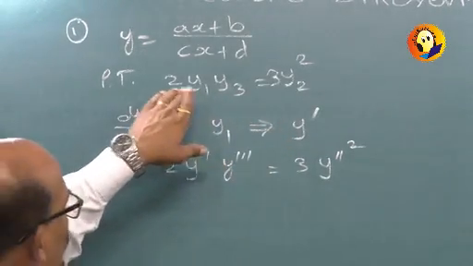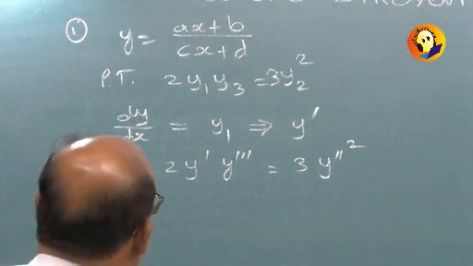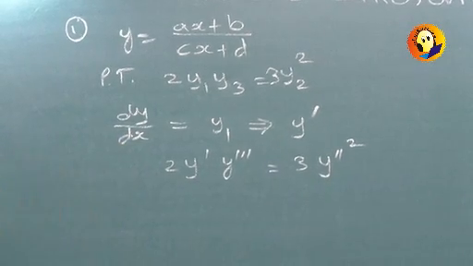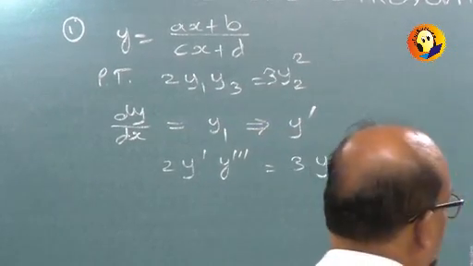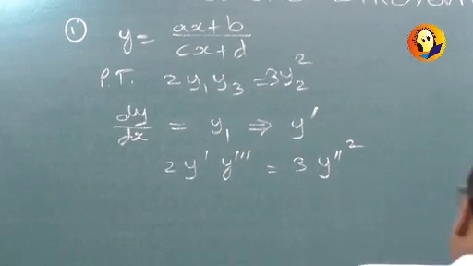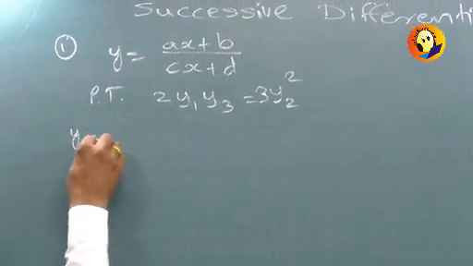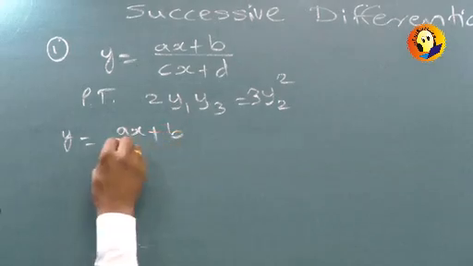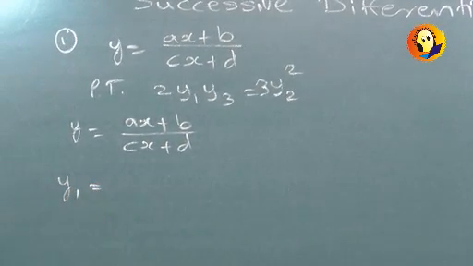So when he says 2y1 y3 equal to 3y2 square, we don't have any choice but to find out all the things and substitute in LHS and RHS. So as y is ax plus b upon cx plus d, what will be y1?